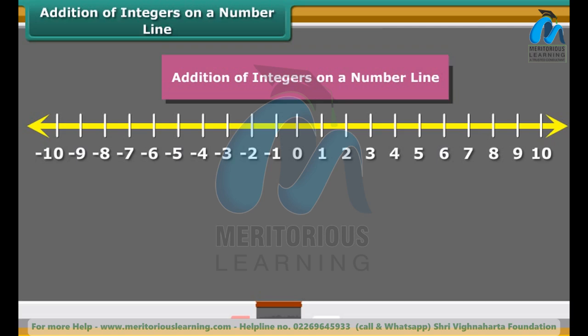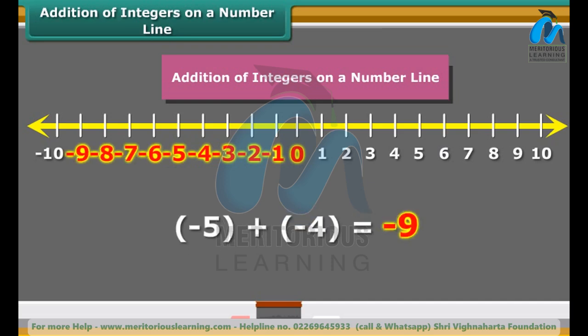In this case, first we move 5 steps to the left of 0, reaching -5. And then we move 4 steps to the left of -5 and reach -9. So we see when we add two positive integers, their sum is a positive integer. When we add two negative integers, their sum is a negative integer.